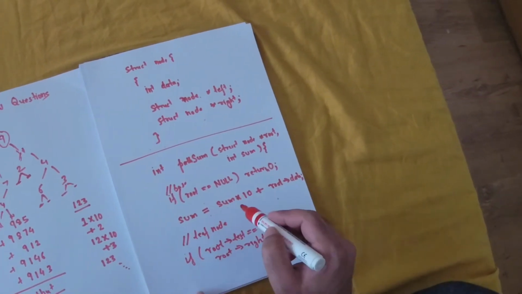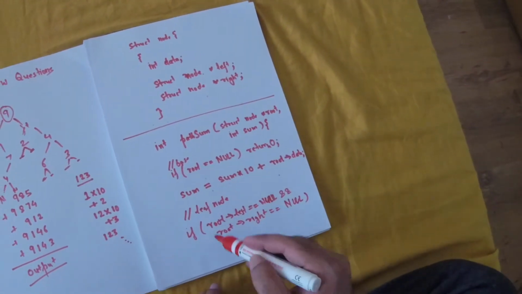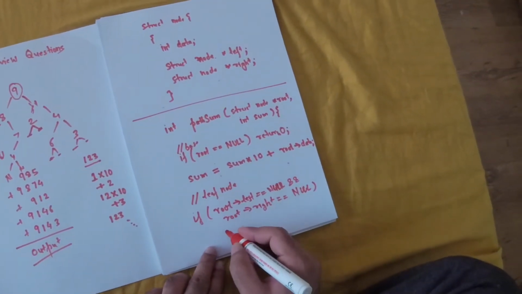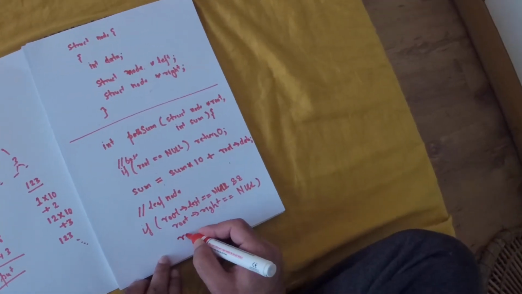So our sum for that particular path is final. So just return the sum.